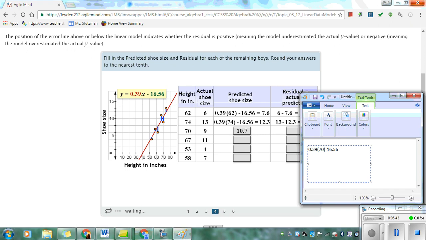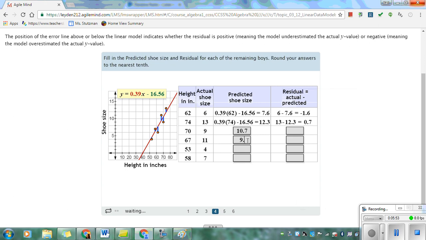When I do the next one, I would do the same thing, 0.39. Instead of x, I'm plugging in 67 minus 16.56, and when I calculate that, it's giving me 9.6. I went ahead and did the calculations for the next few, 4.1 and 6.1, completing the same process.